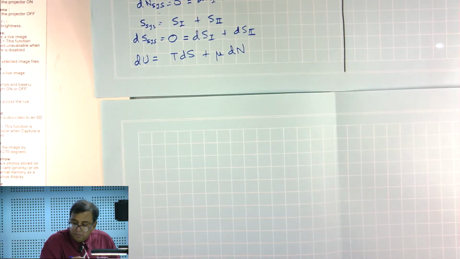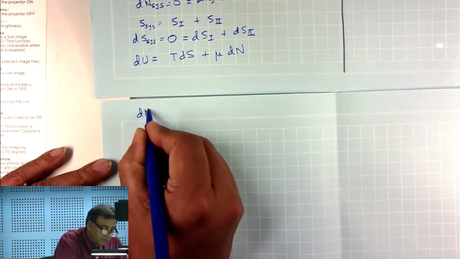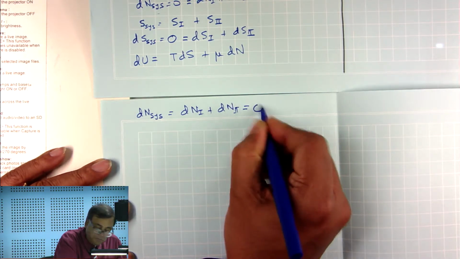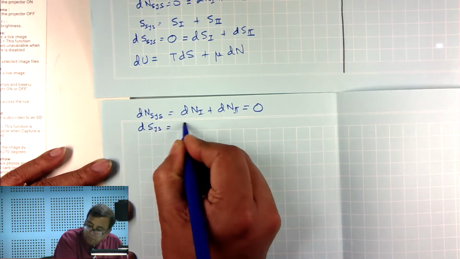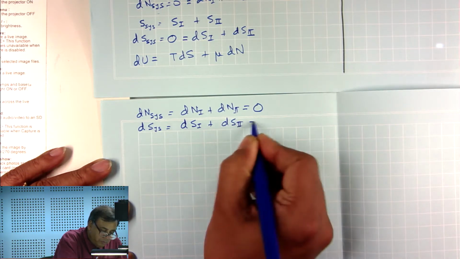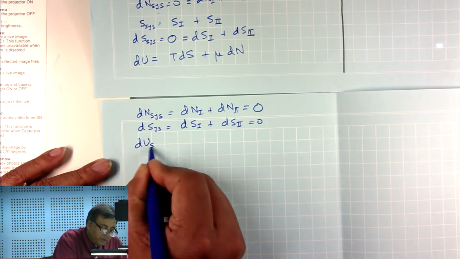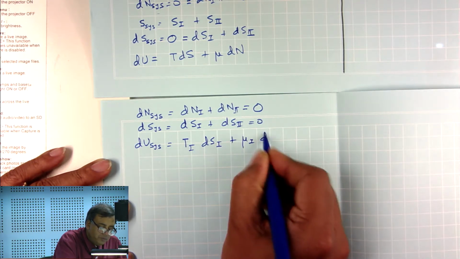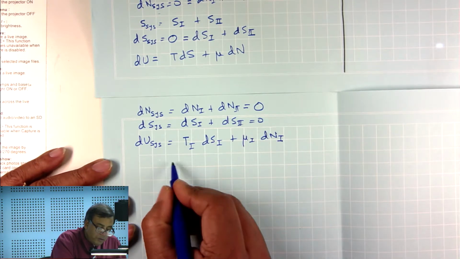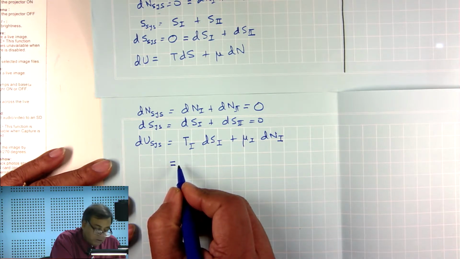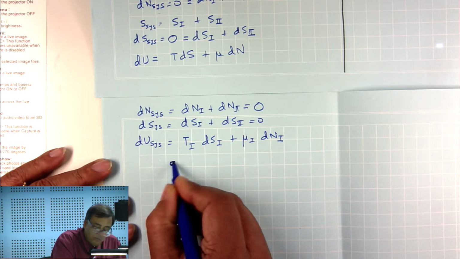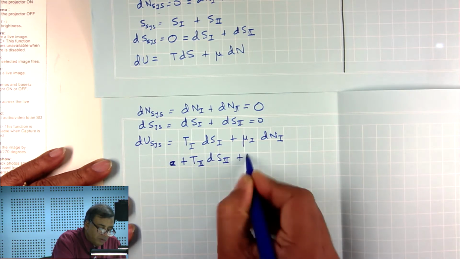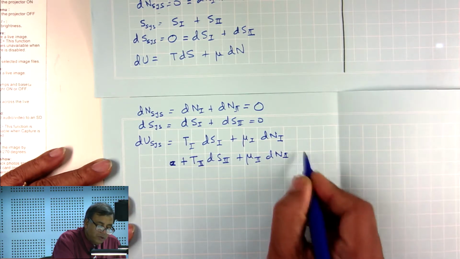So, if I write it out, therefore my dU system will be equal to T1 dS1 plus mu1 dn1 plus T2 dS2 plus mu2 dn2, and that should be equal to 0.